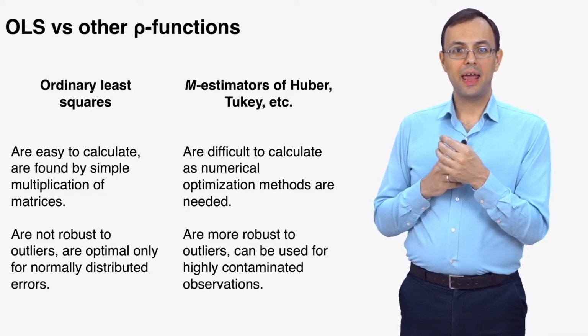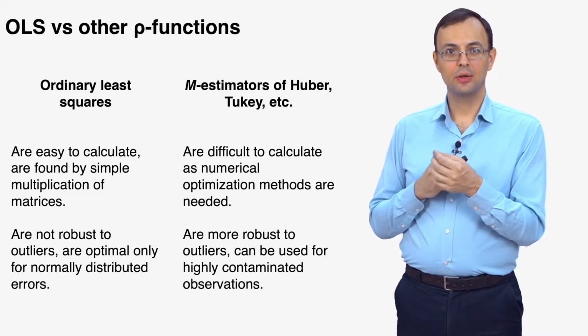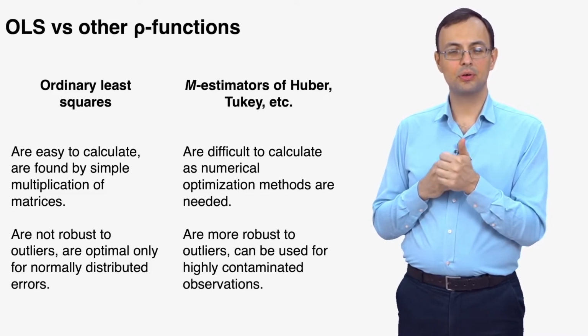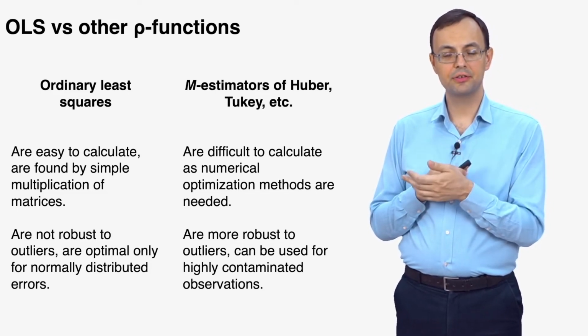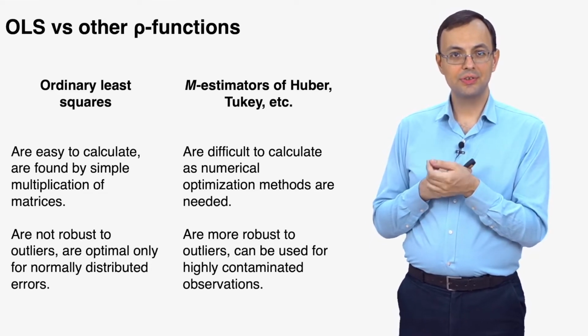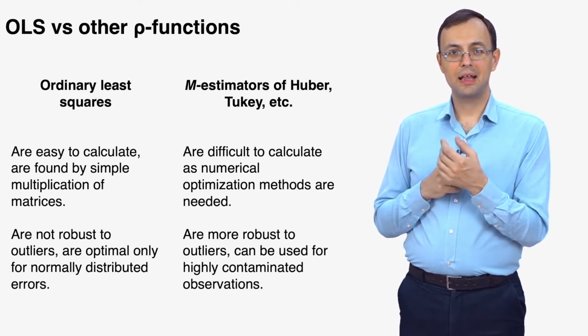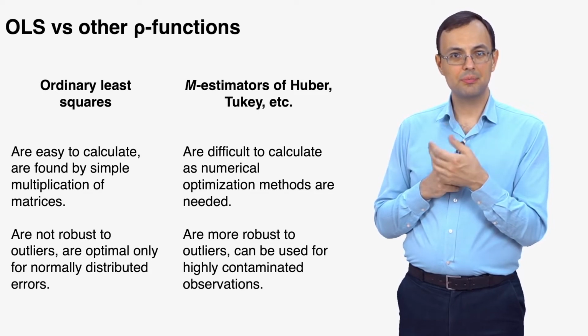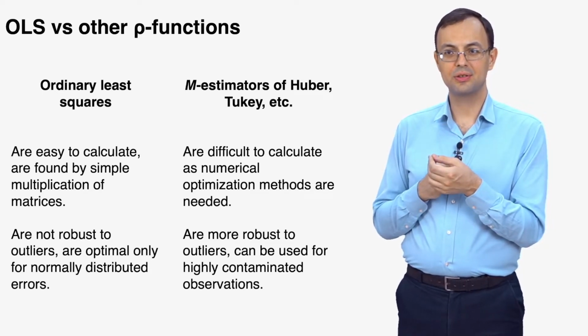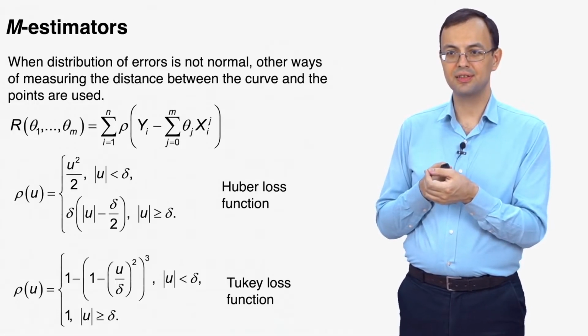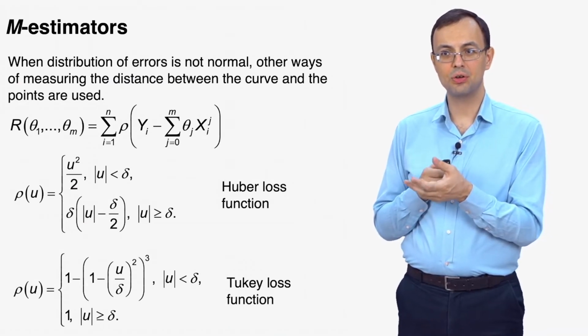M estimators with rho functions of Huber or of Tukey or with some other rho function are difficult to calculate, as we need some numerical methods to find the minimum point. As you can see here, these functions are very complicated.